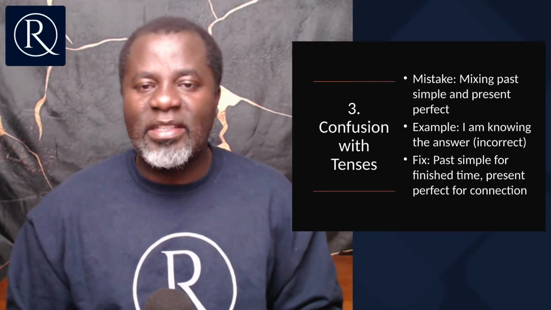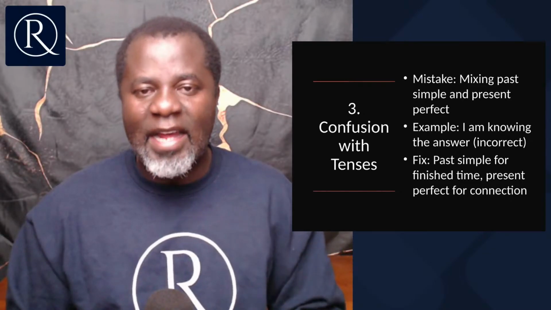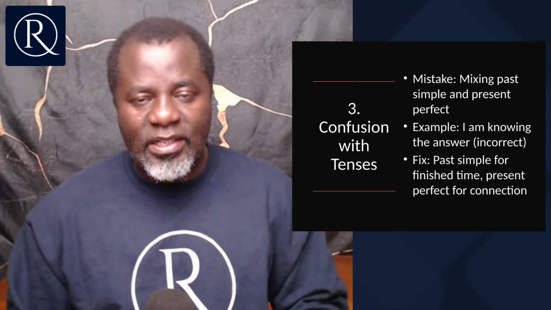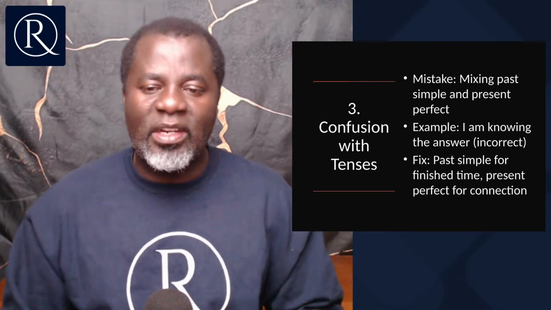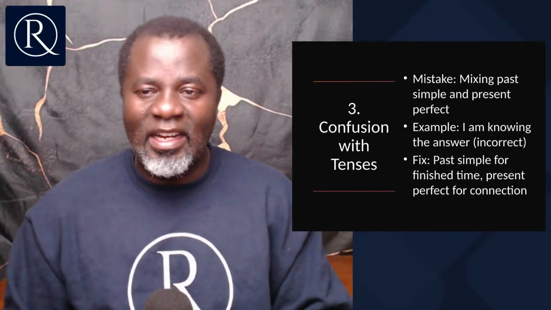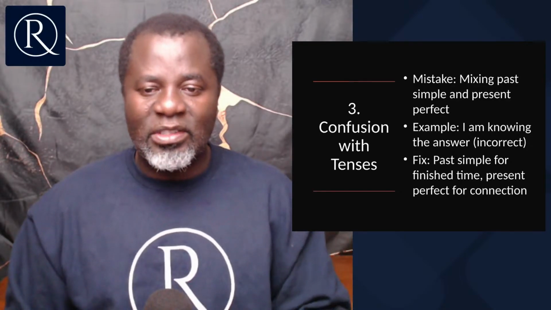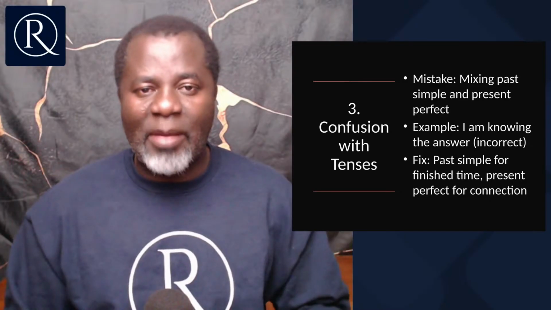For example, you can say I have eaten, right? I have eaten. You ate in the past, but you are still full. So you can see that connection between, let's say you visit me and I invite you to join me eating the food. You can say I have eaten, which means you are still full, although the eating itself happened in the past.